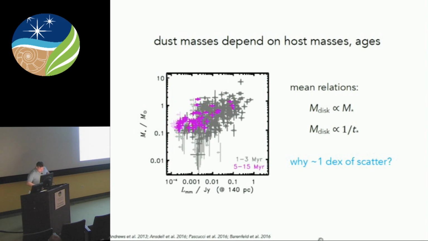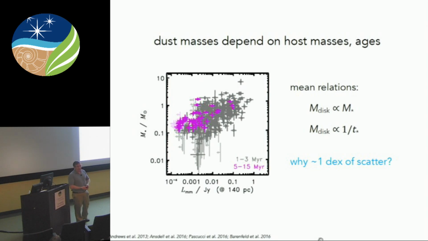That's true. These are in broad time bins, 1 to 3 million years in gray, 5 to 15 million years in purple. What I was going to say is that there's one dex of scatter around the mean relation. A lot of that scatter could be age related, and they don't all have to evolve at the same rate either, right? But there's certainly lots of other things folded in there.